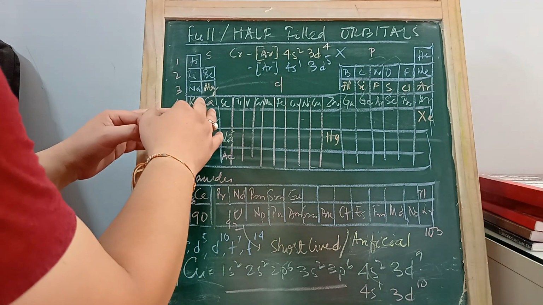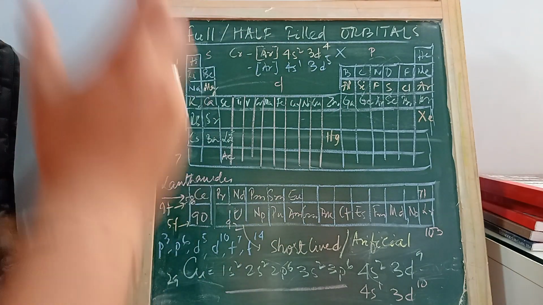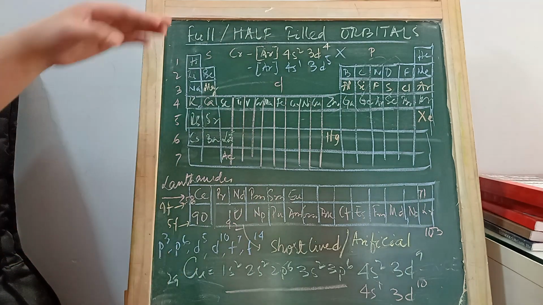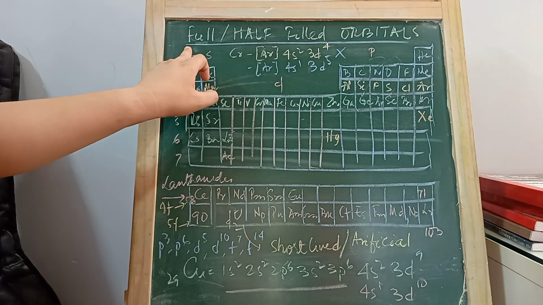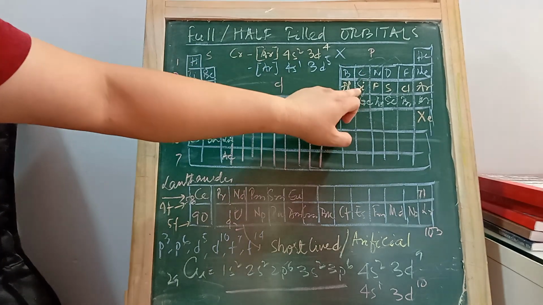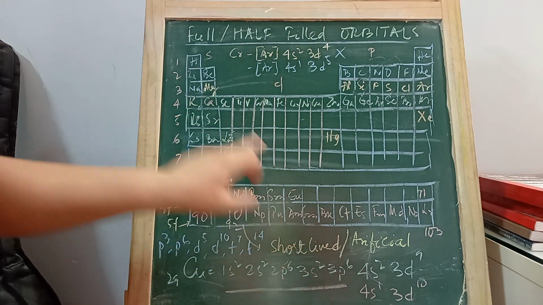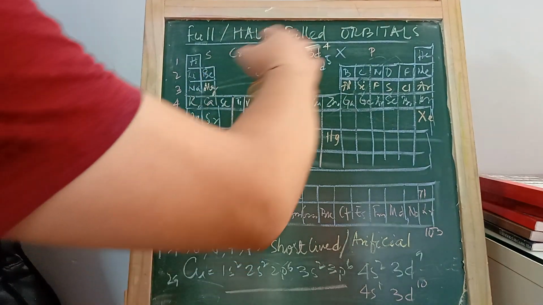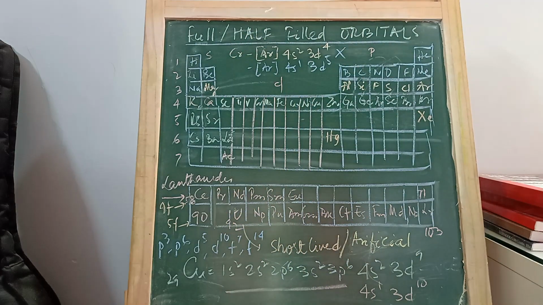Now after calcium, we'll find a new group of elements for which d orbitals are filled up, because according to the Aufbau principle, after 1s comes 2s, 2p, then 3s, 3p, then comes 4s, right? After 4s, 4p doesn't come. In between, what comes is 3d. Before filling up the 4p subshell, you need to fill up 3d, okay?